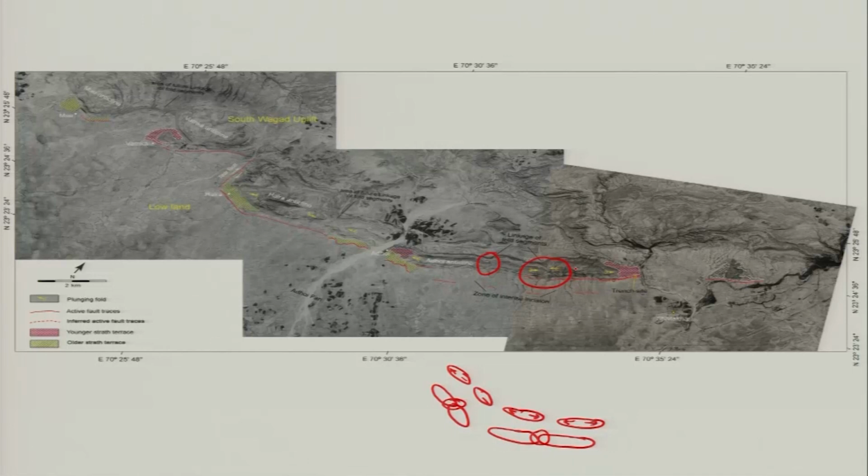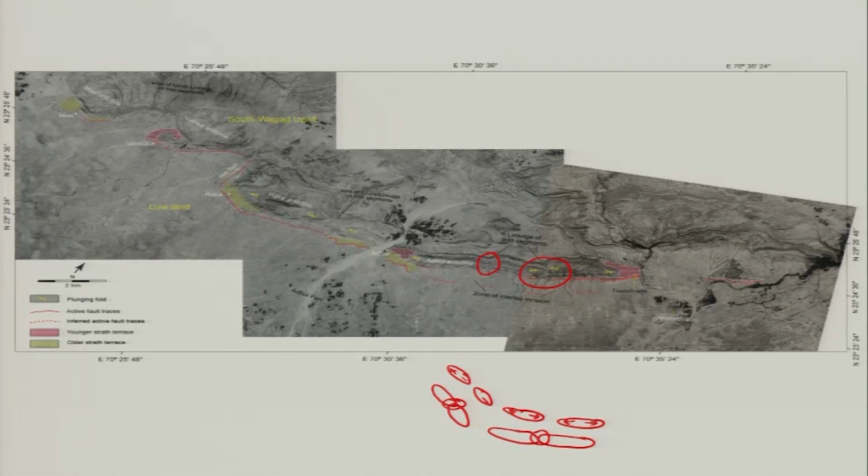Welcome back. So in the last lecture we were talking about how the folds are formed and how we see the interlinking of two folds to give rise to a larger anticlinal fold. And as I was talking about that day, this was one of the best sites which we identified for trenching to see the ancient signature of the ancient earthquakes.